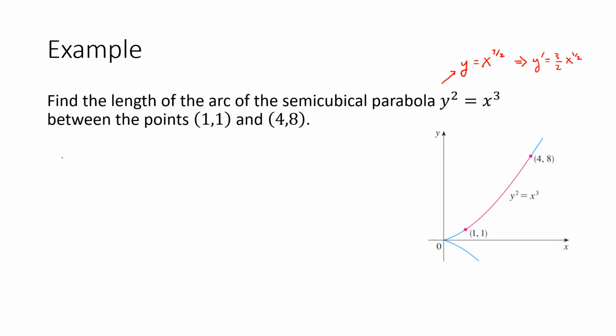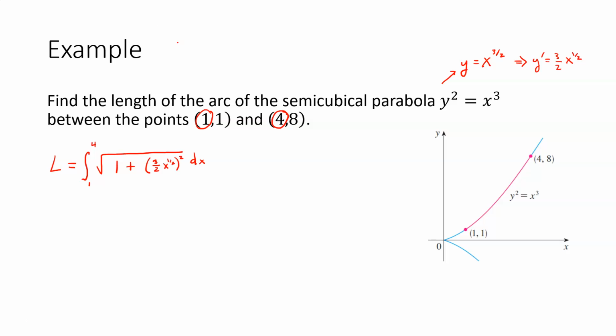And then putting this into our arc length formula, in this case going from a to b, we're going to go from 1 to 4, the values of x, and we're going to do the square root of 1 plus, here our y prime was 3/2 x to the 1/2, quantity squared.